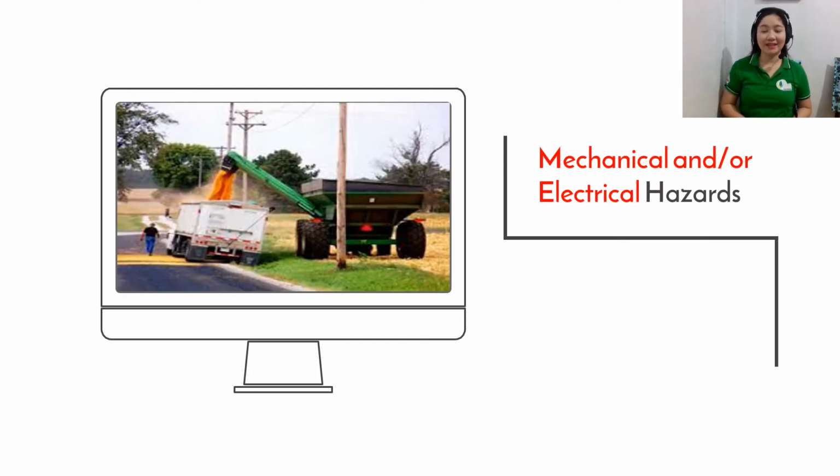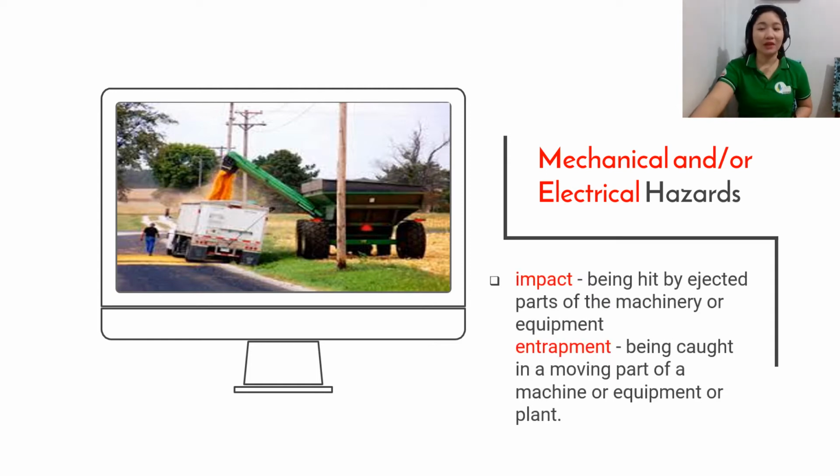We also have mechanical or electrical hazards. Take note of the following terms. It includes impact, or being hit by ejected parts of the machinery or equipment. We also have the term entrapment, being caught in a moving part of a machine or equipment or plant.